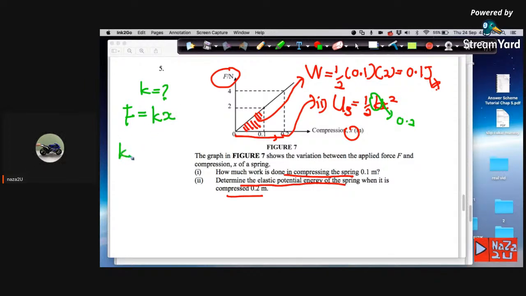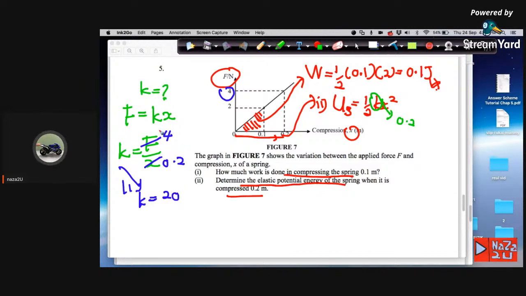So K is the force that compresses the spring divided by the compression X. If we look at the graph here, say we take force 4, its X is 0.2. So K is 4 divided by 0.2, which is equal to 20.